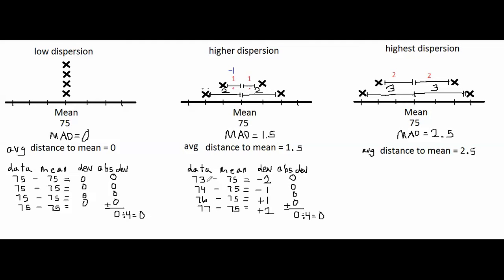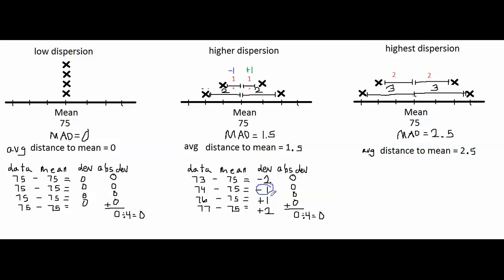This person who got an exam score of 76 is 1 above the mean of 75, so their deviation would be a +1.